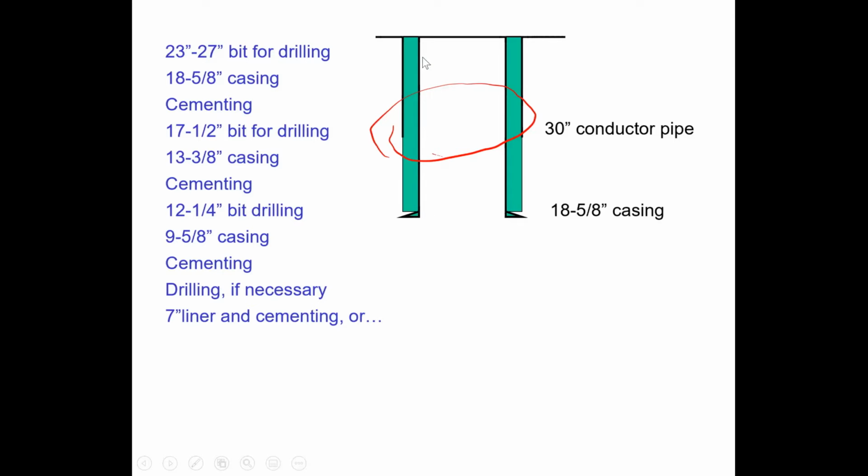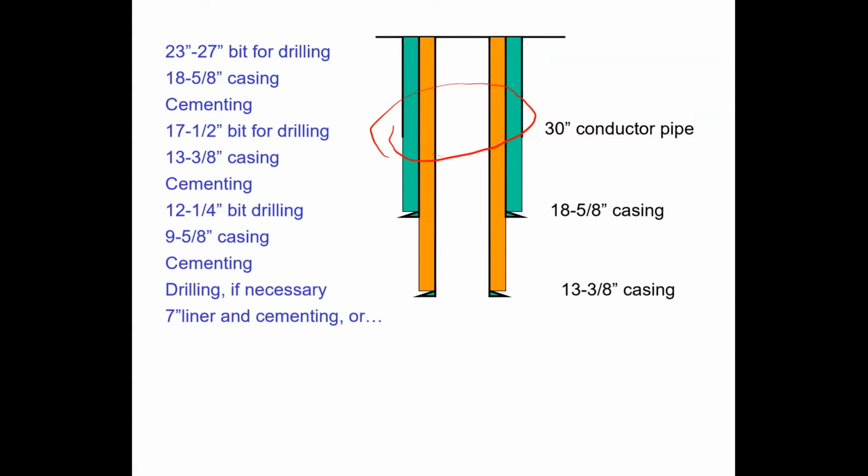And then we go for the next section with a 17.5 bit for drilling. The next section is 13.38, and we run this casing and cement it.